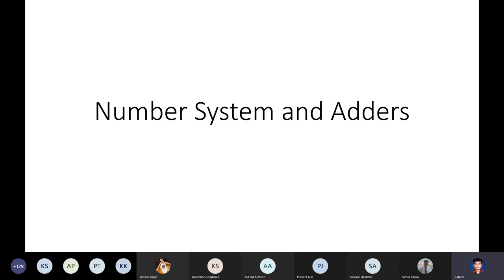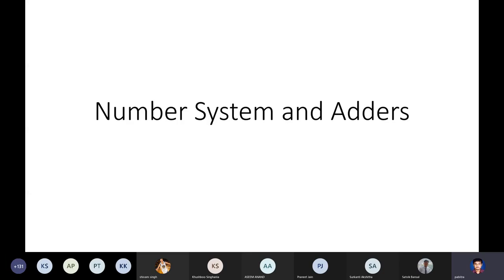All right. So today we'll discuss number systems, how to add numbers, and how to build circuits which will add numbers. And why we are starting with number systems is because numbers are everywhere.